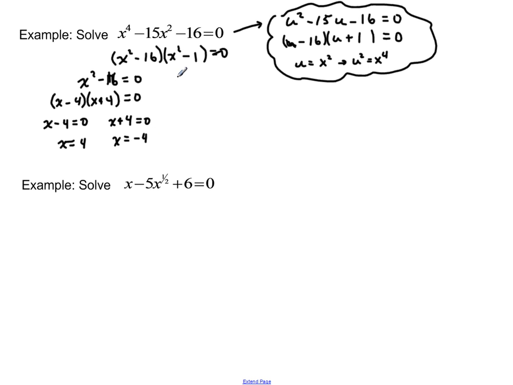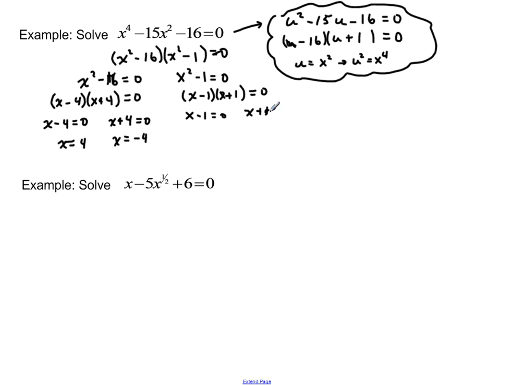We try the other one, of course. We have x squared minus 1 is equal to 0, and just like in the problem before it, it is also a difference of two squares, where if we take x minus 1 times x plus 1, we would get x squared minus 1. Setting each of the factors equal to 0 reveals that we actually are going to get 4 different solutions to this equation.